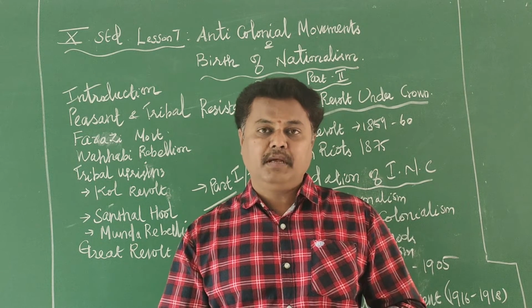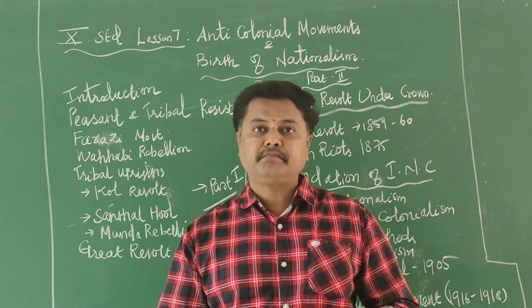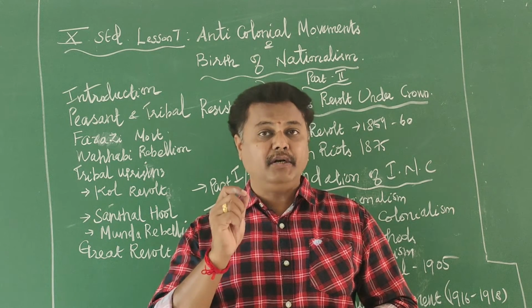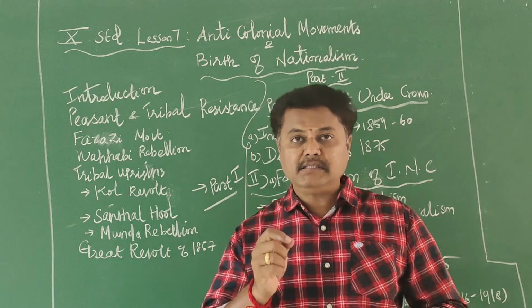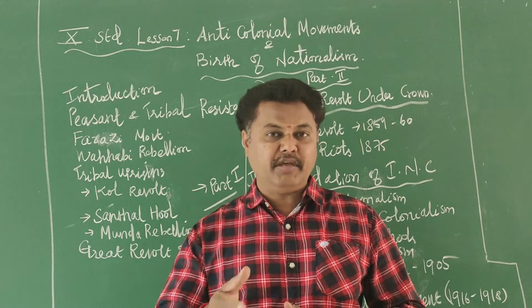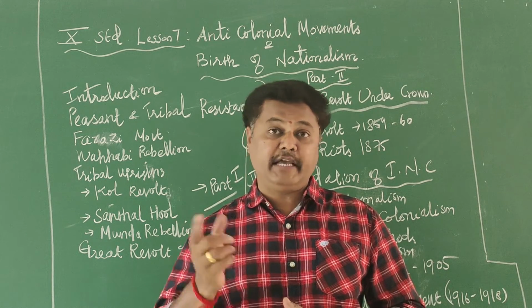Dadabhai Naoroji, Justice Ranade and Ramesh Chandra Dutt played an important role in making this criticism about the colonial economy, the draining of the wealth of our country to their own country.